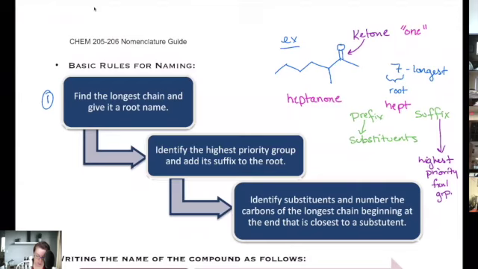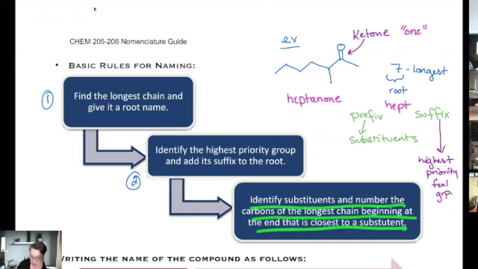So we just finished number 2, which was identify the highest priority group and add the suffix on. Now we're going to do number 3, which is identify substituents and number the carbon of the longest chain beginning at the end closest to a substituent. Okay.